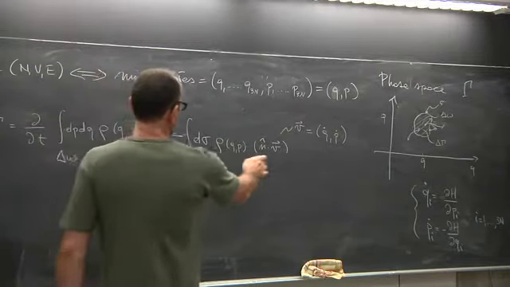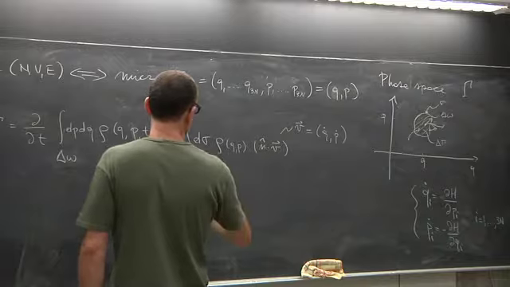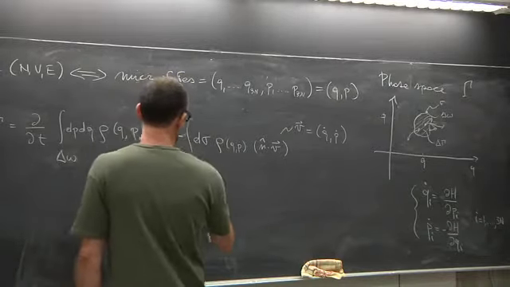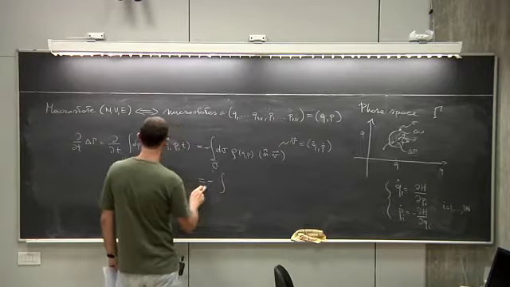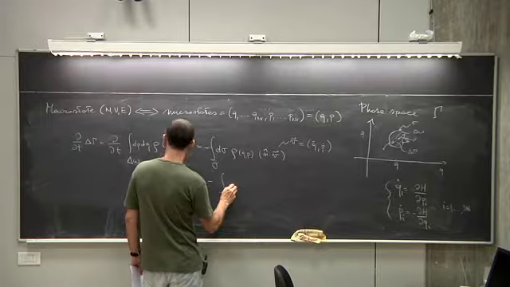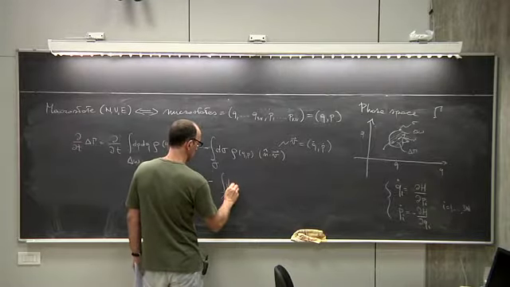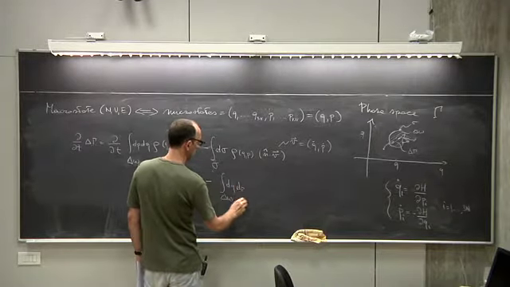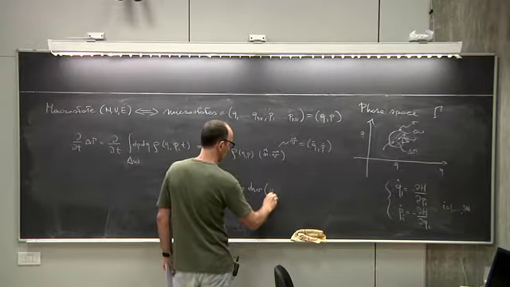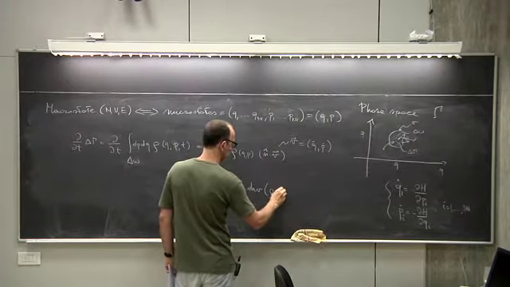And I can use Gauss theorem to evaluate this. This will be equal to the integral on the volume of dq dp times the divergence of rho times the velocity.